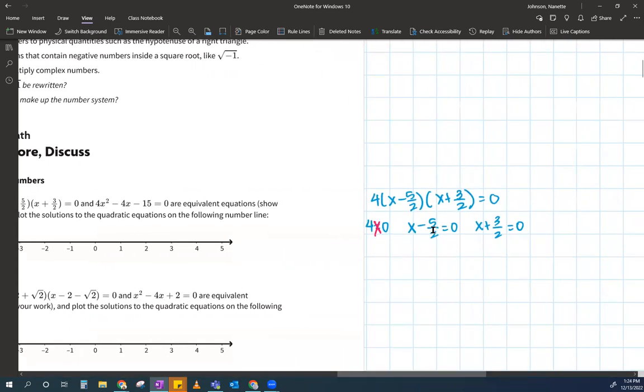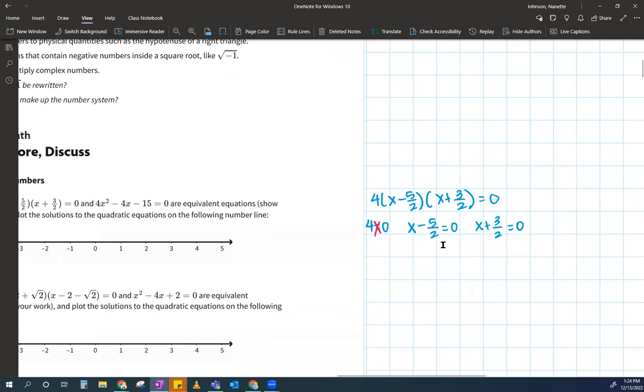So how would I solve this one for x? What would I do? How would I solve that? What do I do? How do I solve this for x?